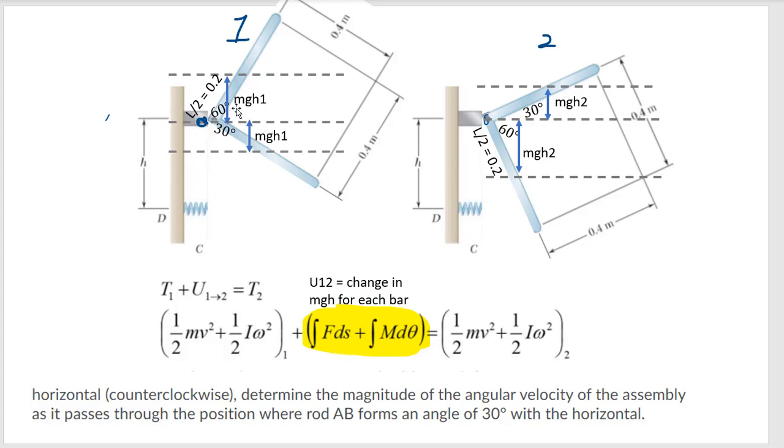So what is 0, but you're looking at the center of mass of this stuff. So come out to half the length of that rod. I think the rod had 0.4, so go up 0.2, and you have your mgh for the top piece, your mgh for the bottom piece, where it starts and where it ends.